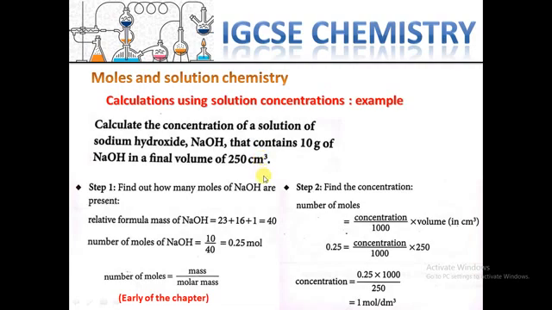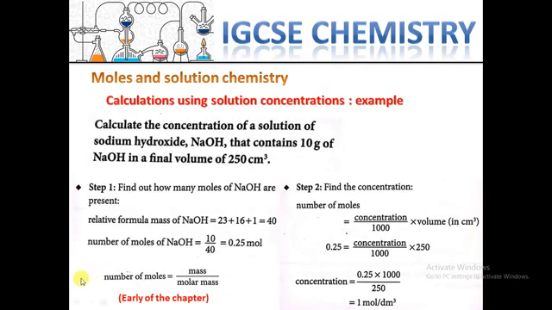Totally there are two steps. First step, find out how many moles, based on what we can get from the question. The question gave us a molecular formula of sodium hydroxide.